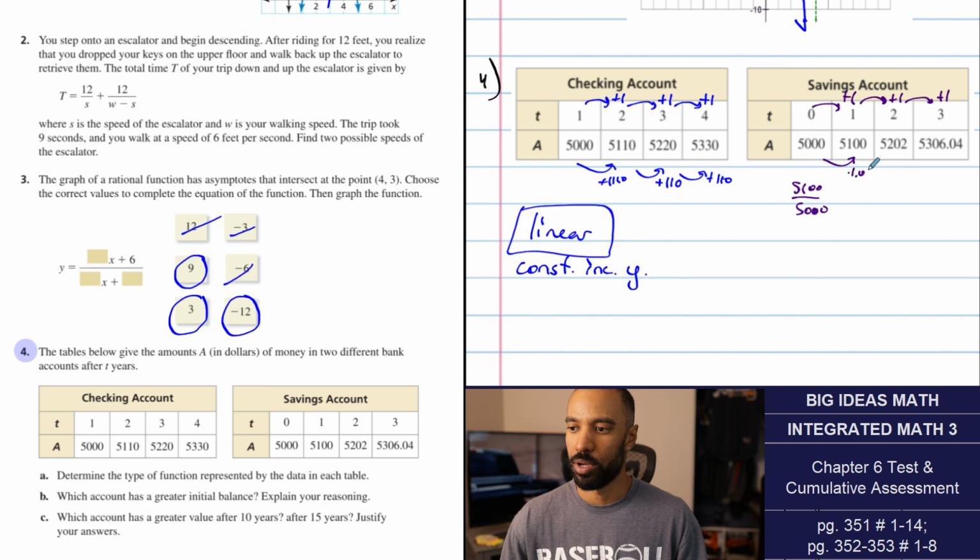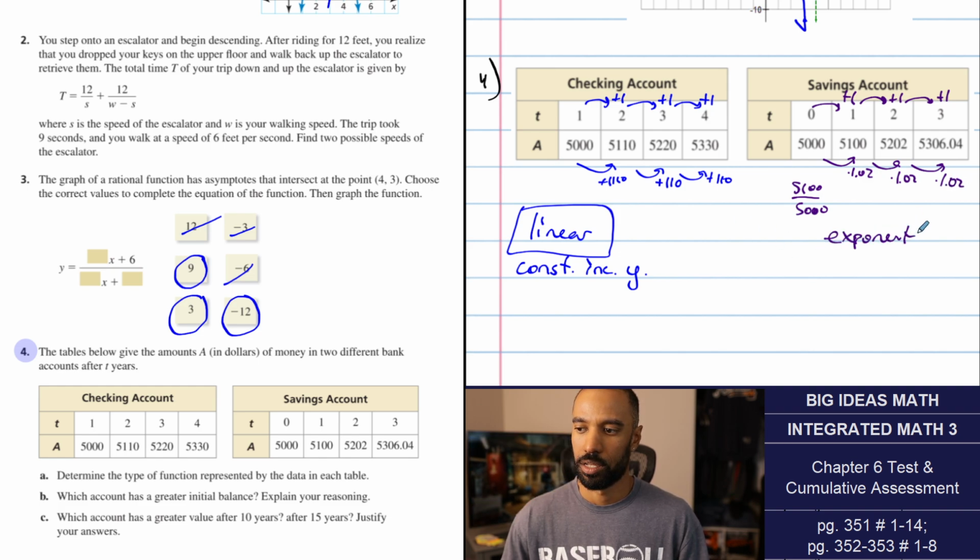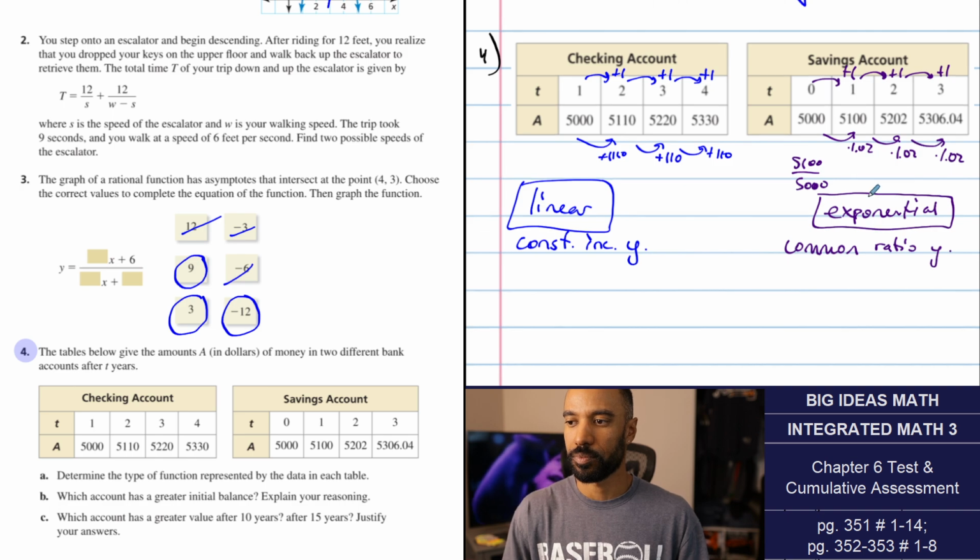So times 1.02 times 1.02, etc. It's an exponential function this time. Now, we're not talking geometric sequences, so to speak, but I can still say the phrase common ratio. Common ratio for y, common multiplier is also another way we can say that.